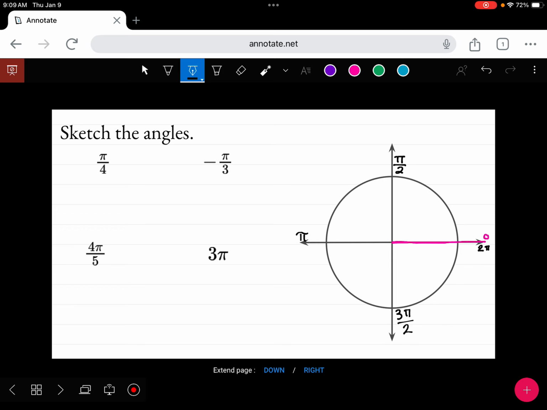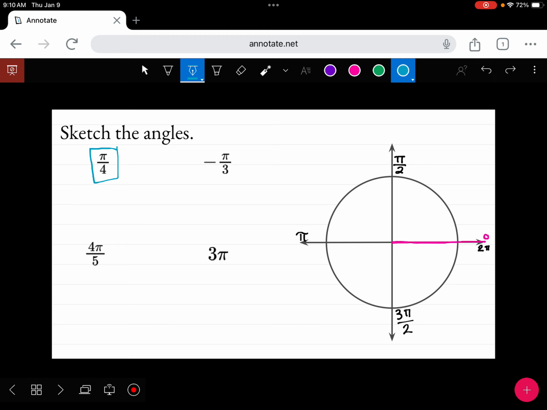Okay, so you know where that comes from? So let's look at our first set of angles over here. Pi over 4. Where might pi over 4 be? It's going to be less than pi over 2, more than 0, and pretty much halfway between them, right?